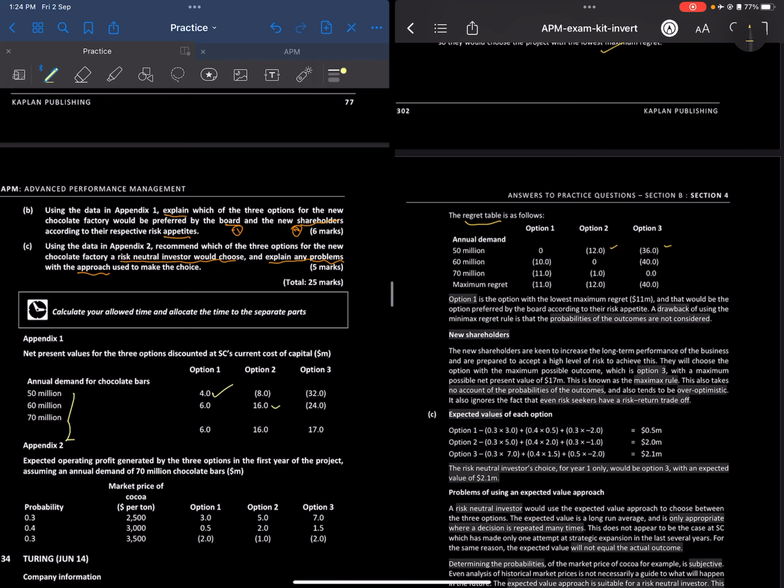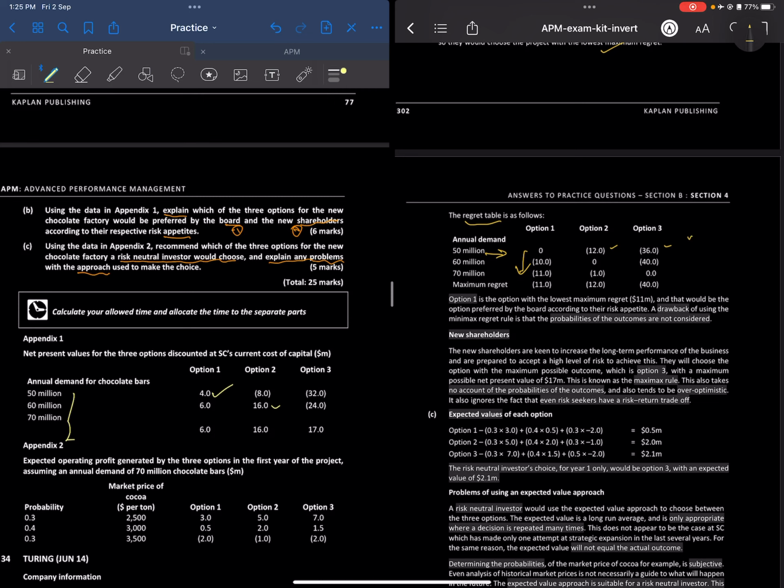Okay, so first of all, for every demand option, we select the highest regret, and then we subtract it across every demand level, and then we select the maximum ones, right? And among that, we choose the lowest one.